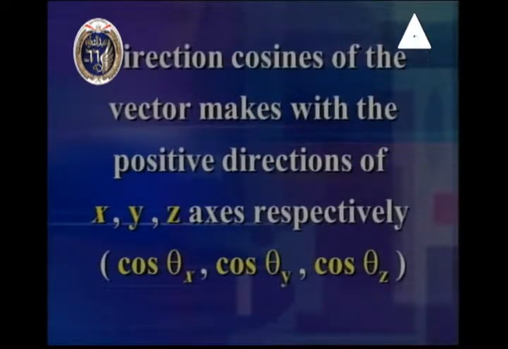Remember, we have direction angles and direction cosines. Any vector has 3 direction angles: theta x, theta y, theta z. It also has direction cosines: cosine theta x, cosine theta y, cosine theta z.